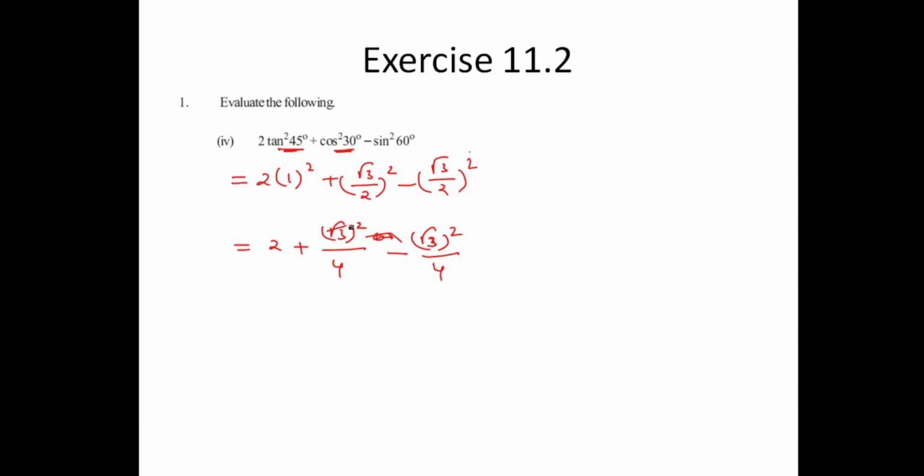This root and square is removed, and this root and square is removed. So I am left with 2 plus 3 by 4 minus 3 by 4 only, isn't it? Now let me take the LCM so that I get 8 plus 3 minus 3 by 4. So the overall answer came out to be 8 by 4, which is equal to 2 as your required answer.